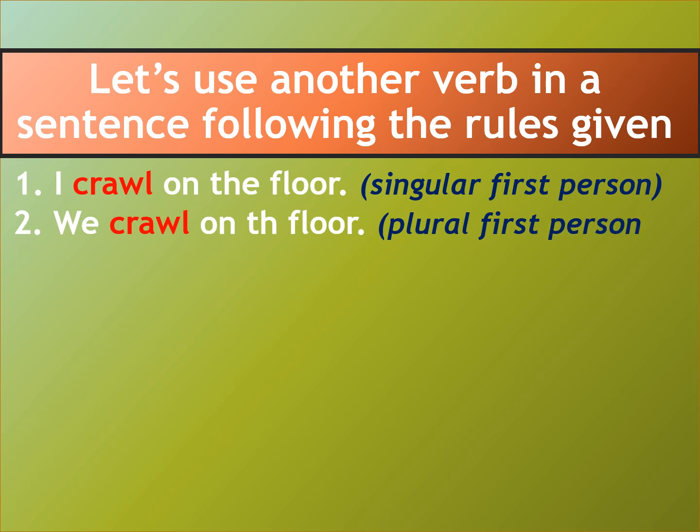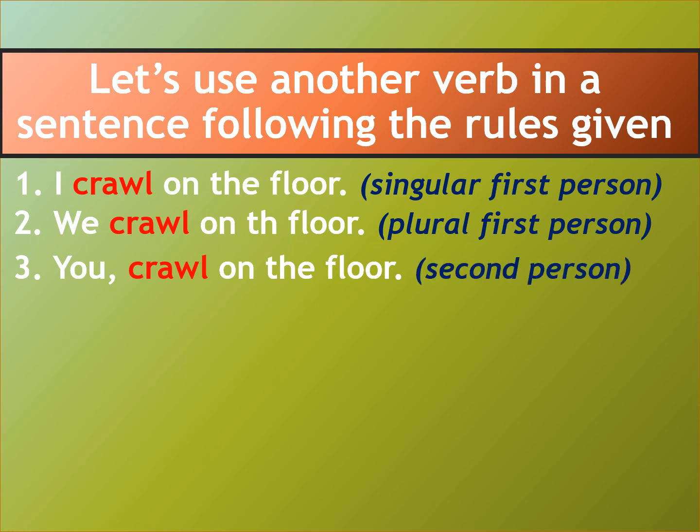It is a plural first person. So we are referring here to the subject used. So it has to agree with the verb used, which is crawl. Then, number 3, you crawl on the floor. And this is both for the singular and plural of the second person.